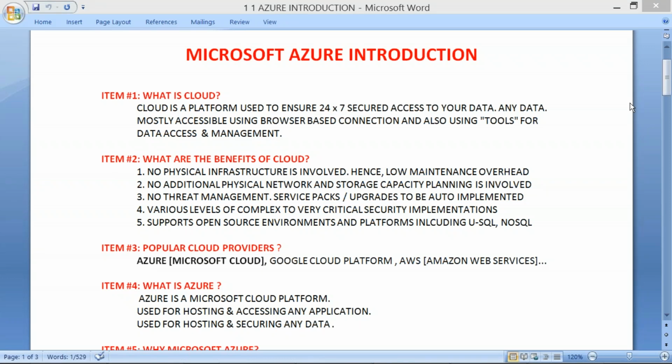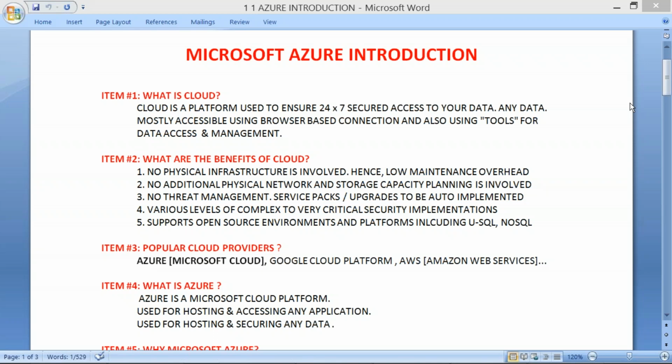What does it mean? Yes, for example, let's take one cloud or remote storage environment. Like for example, Azure Cloud.